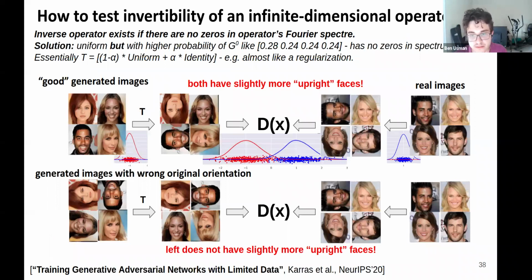And as a result, the discriminator trained with such augmentation will be able to tell if generated images are correctly rotated or not, because the augmented dataset with correct orientation would have slightly more faces oriented upwards, if we do not rotate with slightly higher probability.